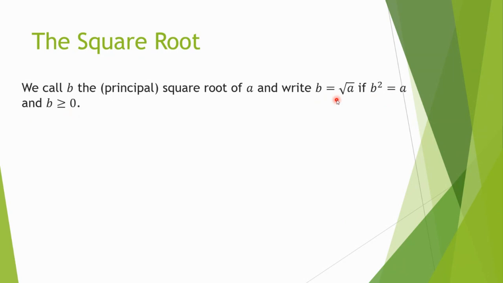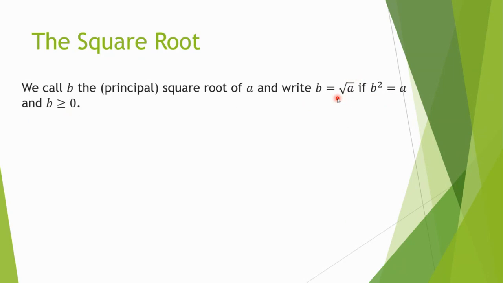This is the notation we use for the square root of a, this little radical notation. So if this is the square root of a, what's the other one? Going back to the previous examples, one square root of 9 was 3, the other one was -3.